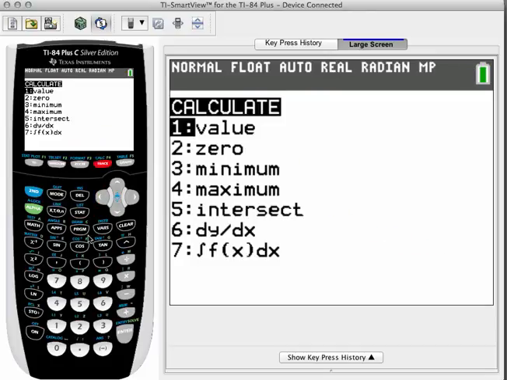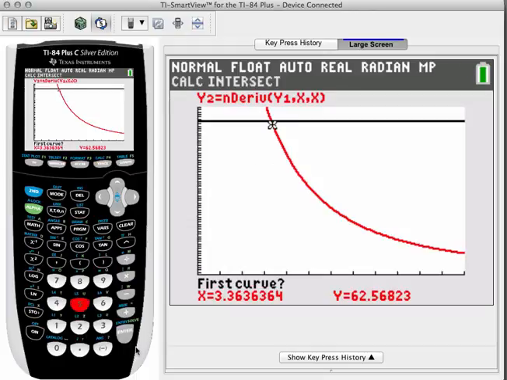So let's go ahead and run our intersection function. And there's our answer, 3.292. So it would be at just over 3 months, the 3-month mark, that the instantaneous rate of change at that particular point in time is equal to the average rate of change over that 1-year period.